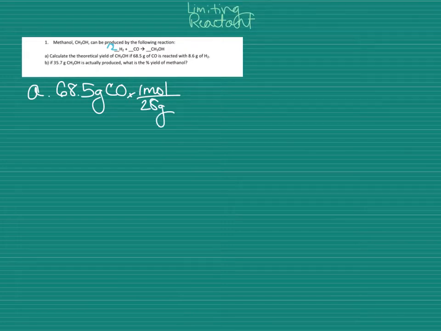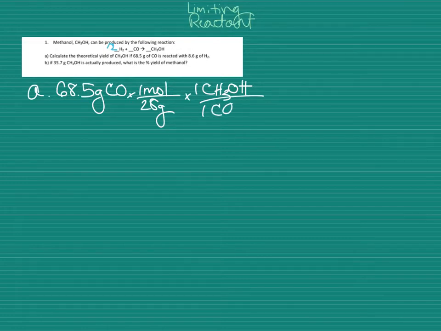So that'll give us 2 moles of carbon monoxide. Then you need to apply the ratio, the coefficient of what you want over the coefficient of what you have, carbon monoxide. So in this case, it just so happens that it's 1 to 1. So 1 methanol is produced for every 1 carbon monoxide.